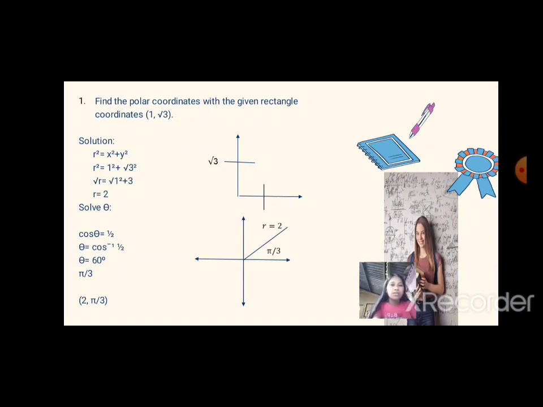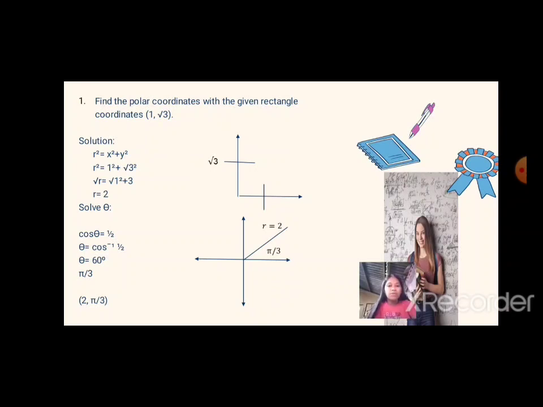So r squared is equal to, our x is 1, so we substitute 1 squared plus our y is square root of 3, so we have square root of 3 squared.